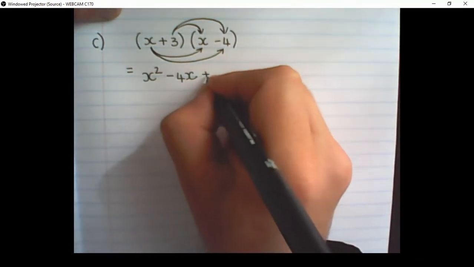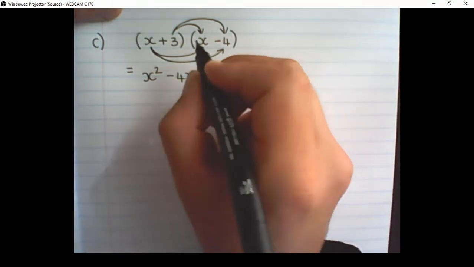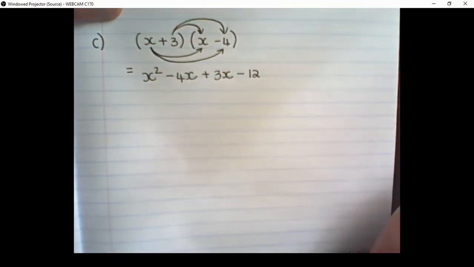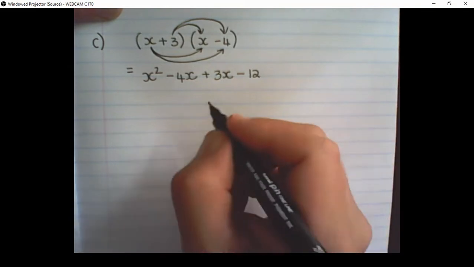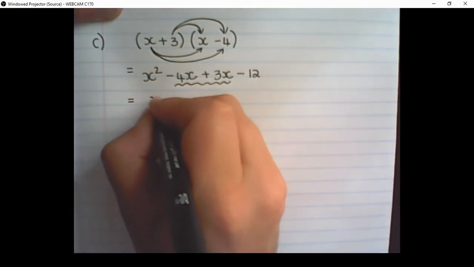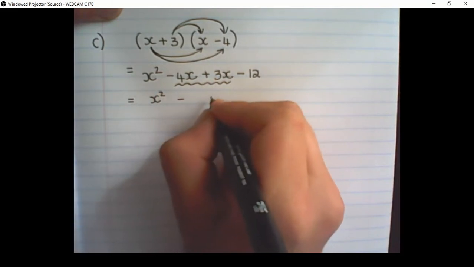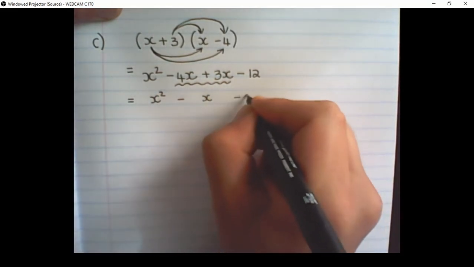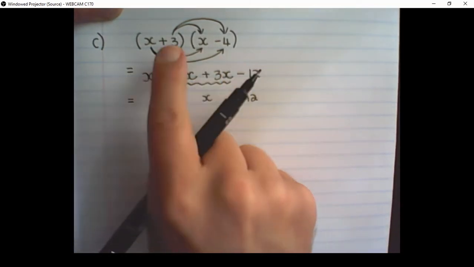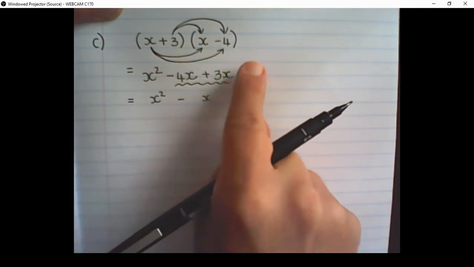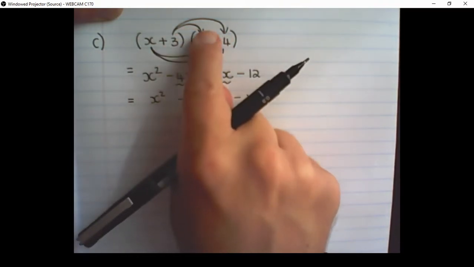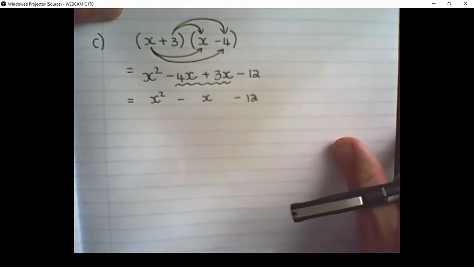So that'll be plus 3x, and then 3 times negative 4 is negative 12. And now we can add up the like terms. So it's x squared minus x minus 12. It is the same solution as before, but instead of writing out the multiplication, we do it mentally. This allows us to save time and to avoid confusion.